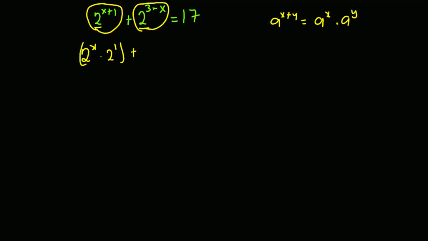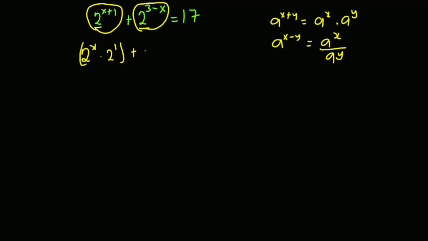Plus, over here you realize that the exponents are subtracting. If you have a exponent x minus y, this is the same as a exponent x divided by a exponent y. If they are dividing, you subtract the exponents because they have the same base.